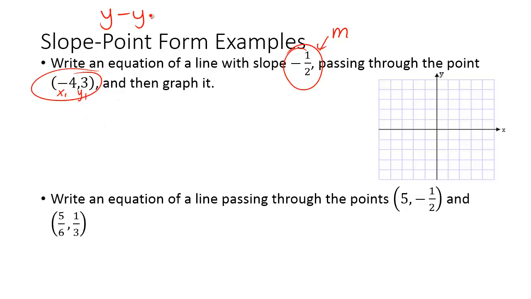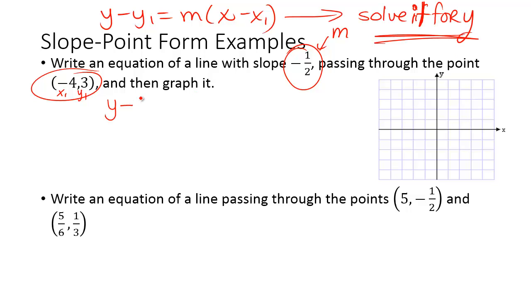And this was what we had as a result of our point slope equation. So you'd have y minus 3, and then negative a half times x minus negative 4. So be careful to include your negatives in your brackets as well.